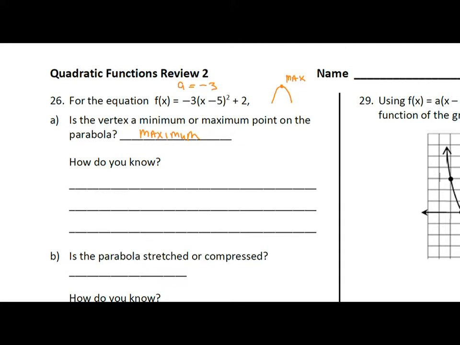So when it asks the question, how do you know? Okay, because the way you answer this is because a is negative. There's your evidence to support what you're saying about the vertex. Because a is negative, that means the parabola opens down.